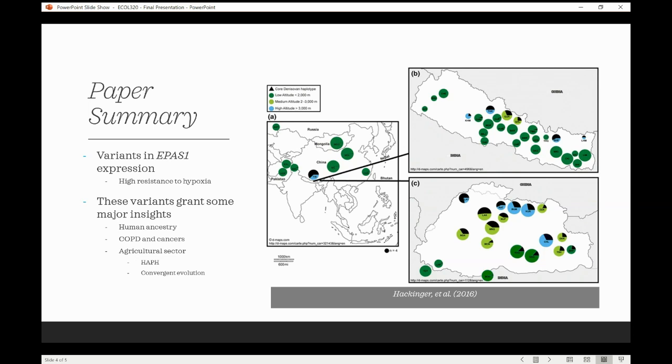And finally, the most interesting area to me was that this lends major insights in the agricultural sector. HAPH, which is high altitude pulmonary hypertension, found in many high altitude bovine populations, is less common in cattle that are expressing an EPAS1 variant that's very similar to humans.